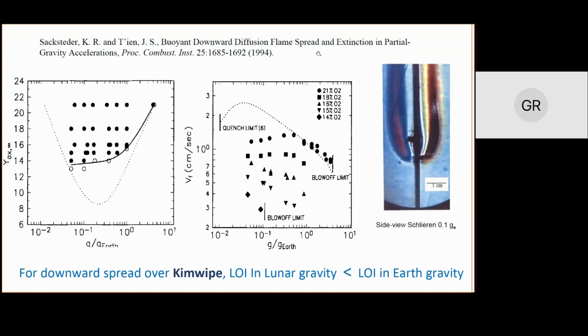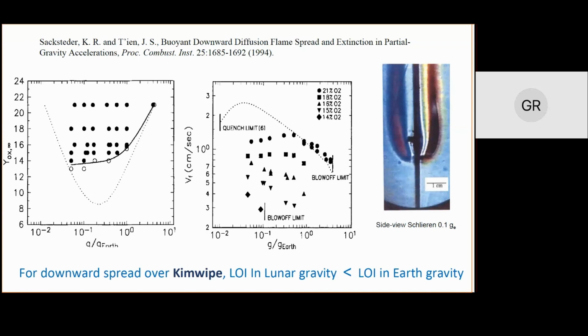On the left, you see this flammability map, with oxygen and G as axes. 1 G is here, and on the left I have a high G, which comes from a 1 G centrifuge. You can see the black portions are burning, and the open portions are extinction. You can see at lunar gravity, the oxygen is lower than at 1 G.